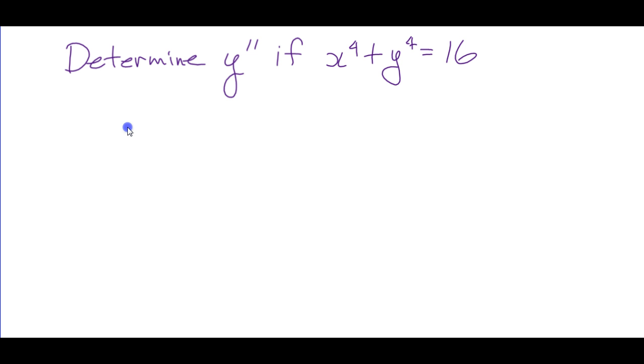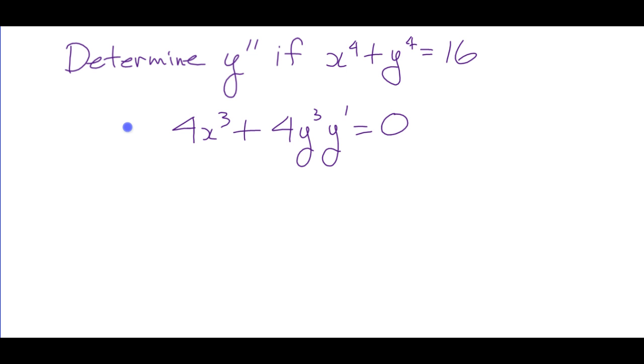So we take the derivative of both sides with respect to x, right, which gives us 4x cubed plus 4y cubed y prime equals 0. Okay, so that's just yesterday's stuff.